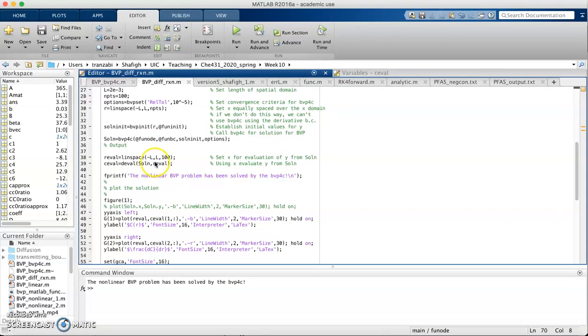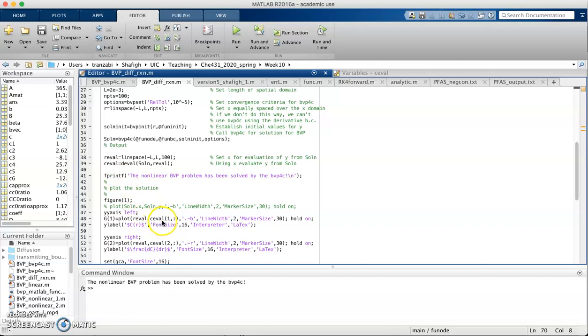I divide my domain from minus L to L with 100 elements. Then after I solve the problem, I evaluate, or interpolate, my solution at these discretized points. Then I get C eval, and remember C eval has two things in it: the slope, which is dc dx, and the concentration.